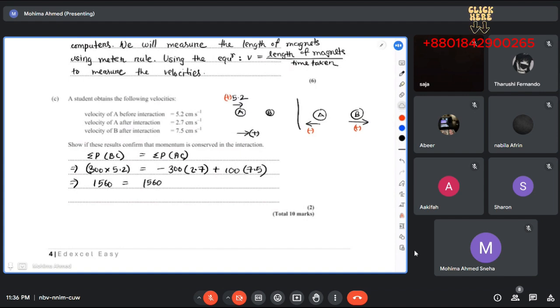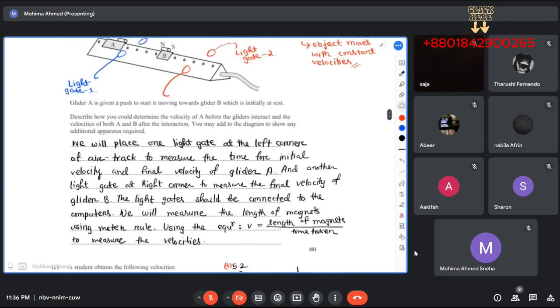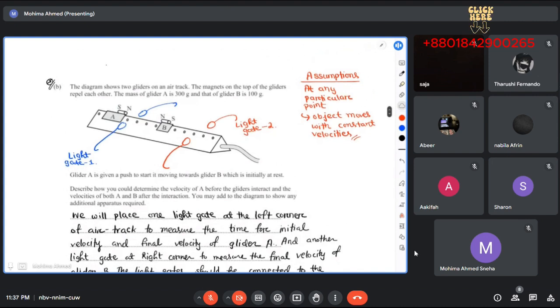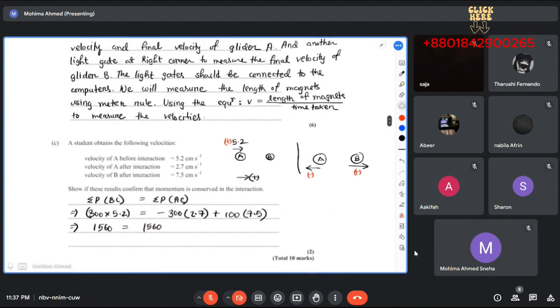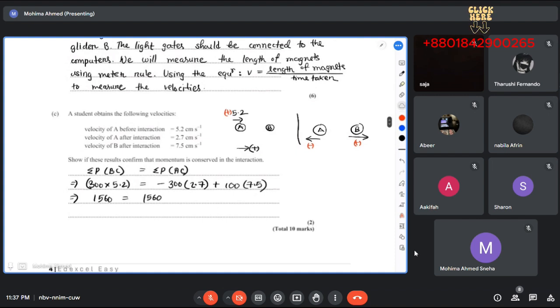Velocity of A after interaction, velocity of B after interaction. That is 2.7 and that's 7.5. And B has a mass of 100. A is 300. Yeah, there is no miscalculation.